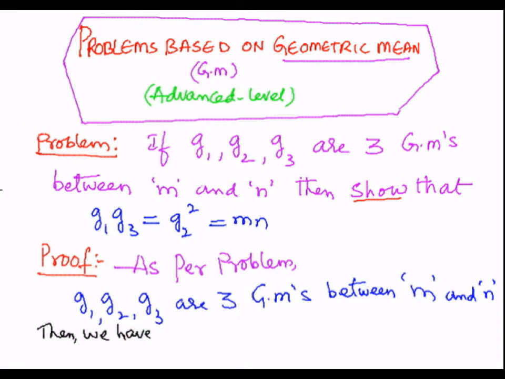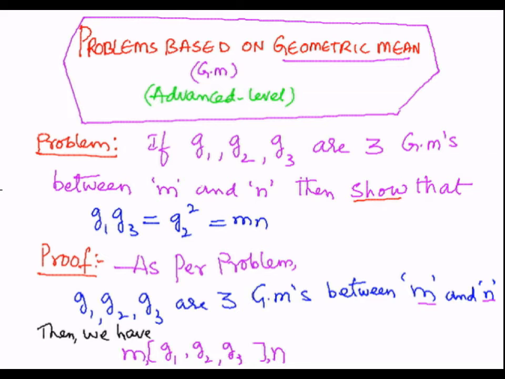As per the problem, m and n are the two terms, and between these two terms there are three geometric means, G1, G2, G3, to be inserted. So I write G1, G2, G3 between m and n. Three geometric means between the two terms m and n: on the whole there are 3 plus 2, that is 5 terms.